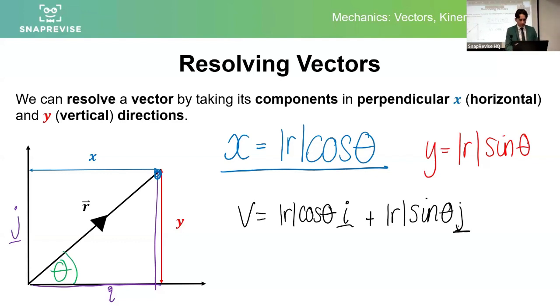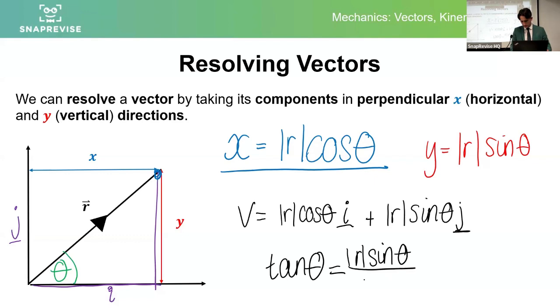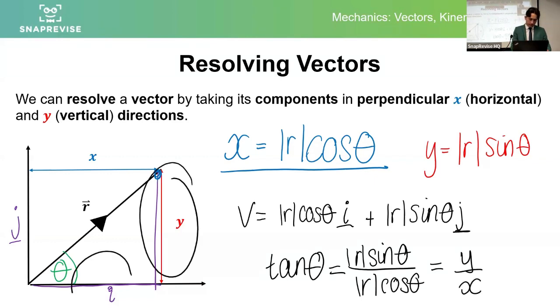So if I then wanted, say, for example, to find theta, you know that tan theta is opposite over adjacent, which would be like R sine theta over R cos theta, which equals Y over X, that over that, which is what we'd expect, opposite over adjacent.